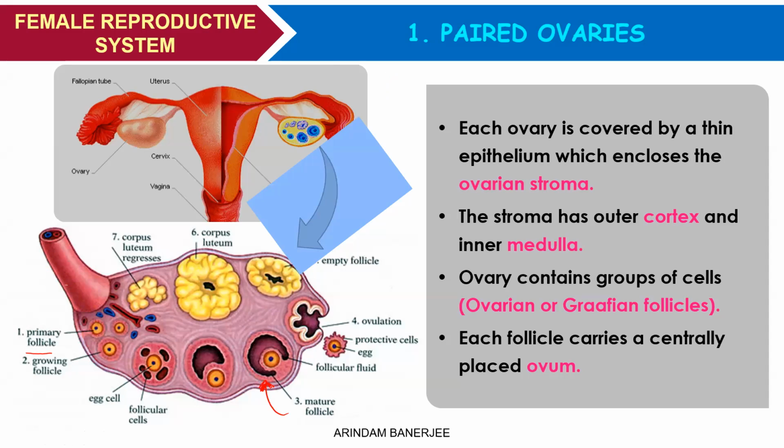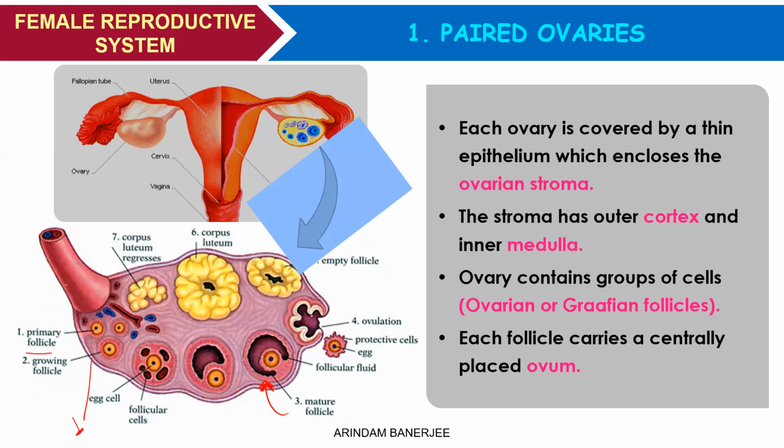Now, if I discuss the reproductive cycle in the female, that means the menstruation cycle: day 1 is the beginning of the bleeding flow. Within day 1 to day 13, the mature Graafian follicle is formed.